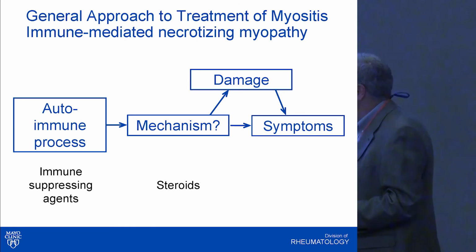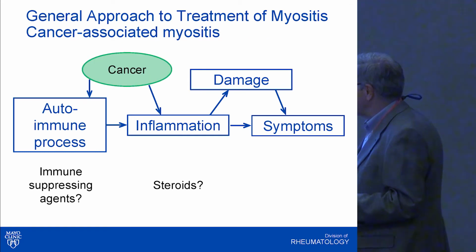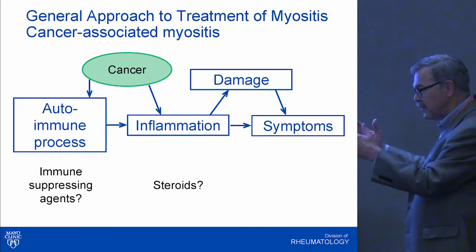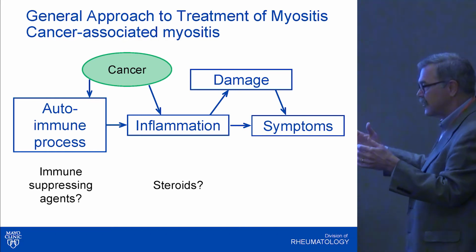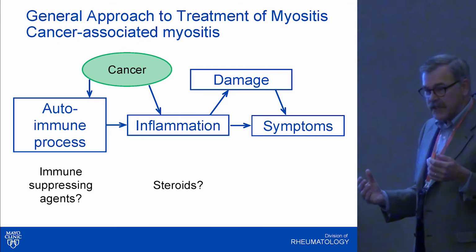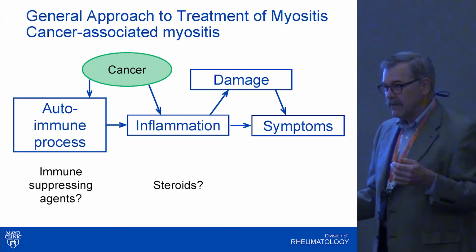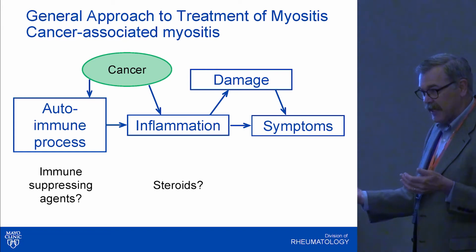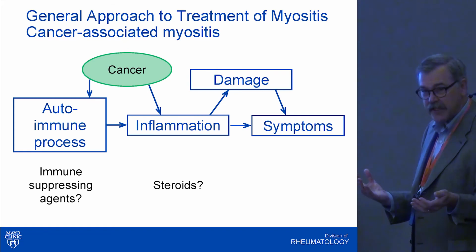Well, then there are patients with cancer-associated myositis. So the biopsy shows dermatomyositis, the skin rash is there, it's typical, looks like dermatomyositis, but oh, by the way, this woman was diagnosed with ovarian cancer at the same time. Now what do you do? Is the cancer related to the myositis? Well, in some cases it is.